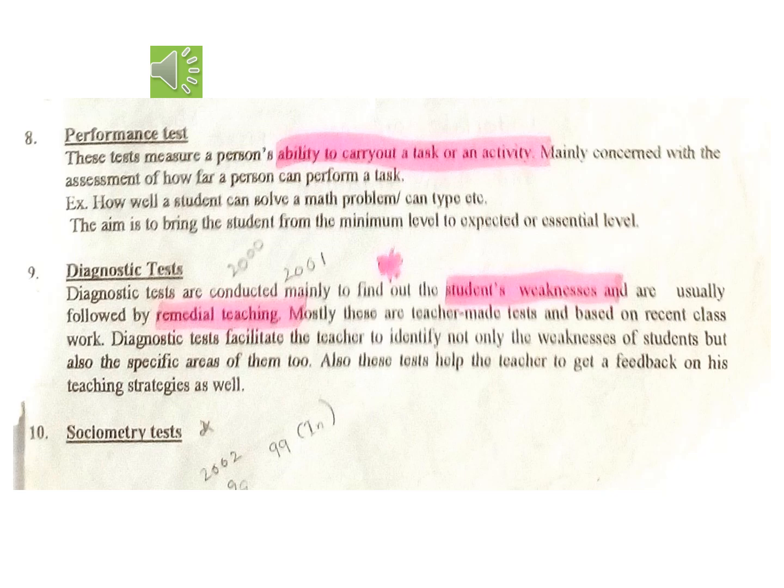Example, how well a student can solve a math problem or can type. Right? Whether the child is able to do or not. The aim is to bring the student from the minimum level to the expected or essential level. Existing level to the expected or essential level. That's the performance test. They deal with the criterion referenced.